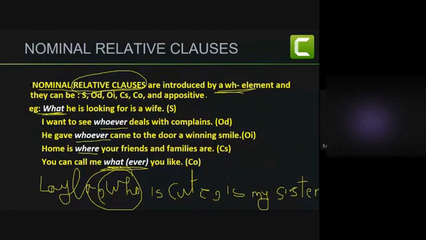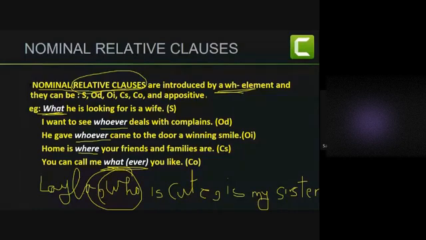So, two sentences joined together by relative clauses. Now this clause that starts with a WH element can take the functions of subject, object, direct object, indirect object, subject complement, object complement and appositive. Examples. What he is looking for is a wife. Here what functions as a subject. I want to see whoever deals with the complaints.